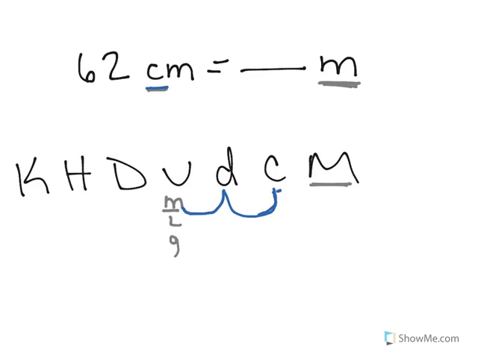So I'm going one spot, two spots, in the direction to the left. So all I have to do is put my decimal. My decimal is really always at the end of my number, and I'm going to go one spot, two spots to the left. So I'm going to say 62 centimeters equals 62/100ths of a meter, or 0.62 meters.